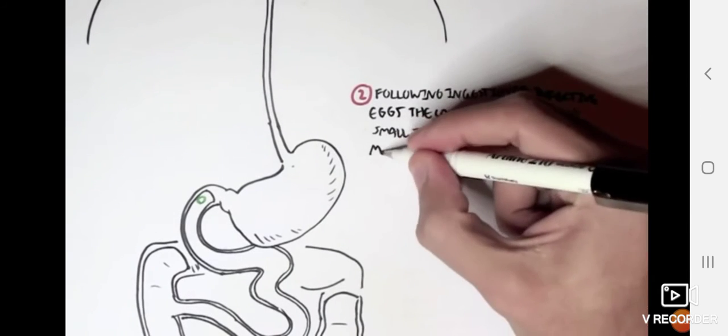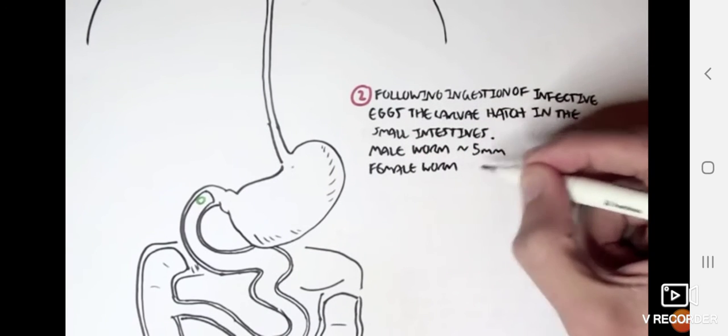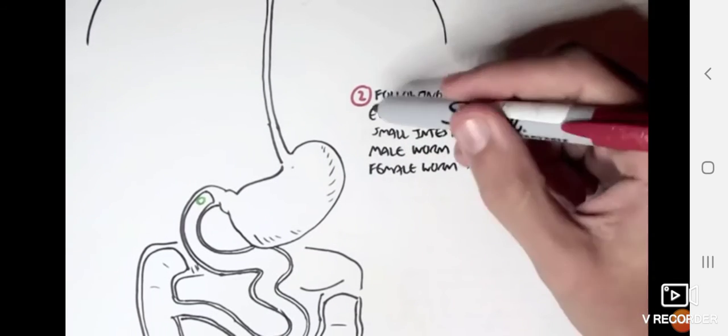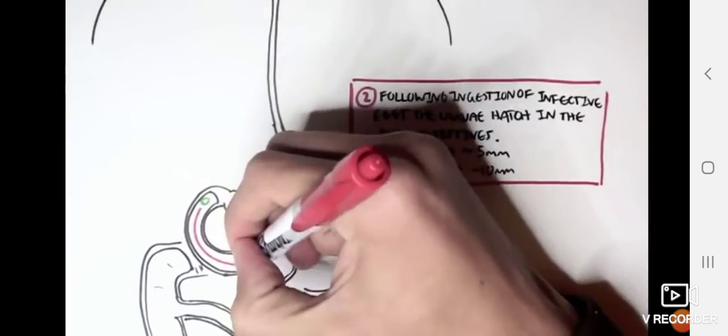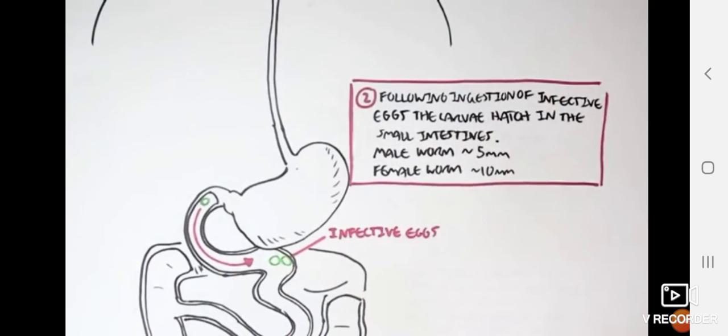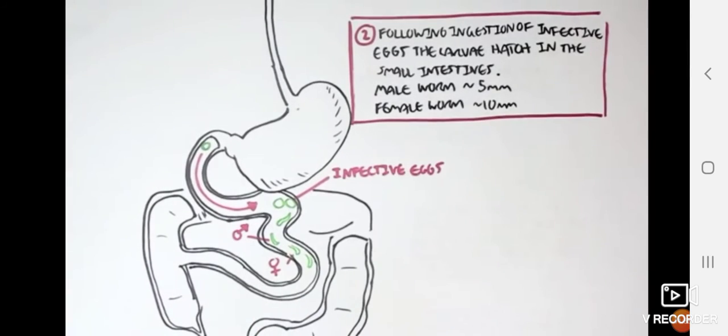The larva will become either a male worm or a female worm. A male worm is about 5 millimeters long, a female worm is about 10 millimeters long. So here you can see the infective eggs in the small intestines hatching. The larva will become worms. It can become a male worm or a female worm as shown here.